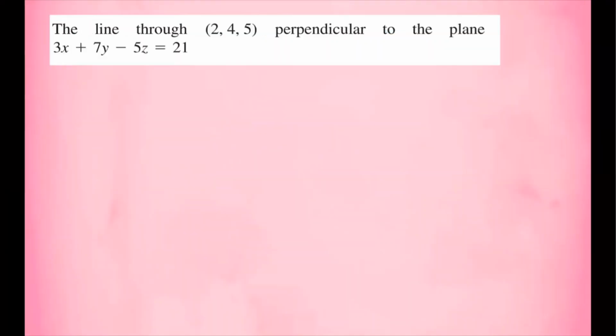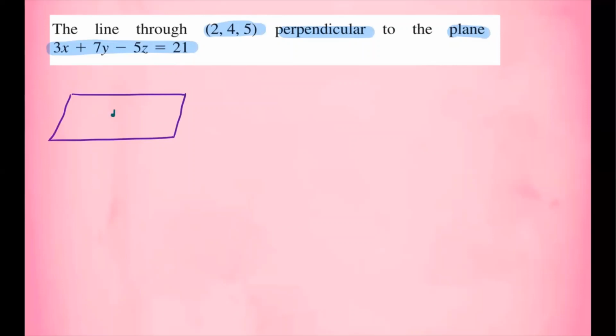Here's our last example. We want a line through this point, so we're going to make that a position vector, and perpendicular to this plane. So that means we're going to take the normal of this plane. Now, if you're not sure what a normal of a plane is, here's a plane. The normal is a vector that's always perpendicular to the plane, so it's going this way. That's the normal vector.